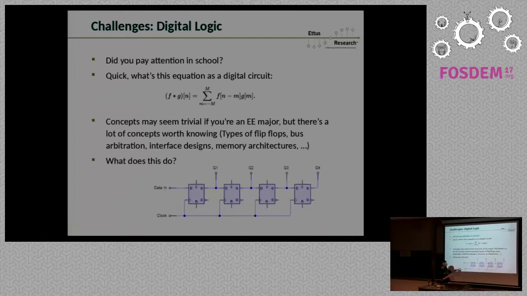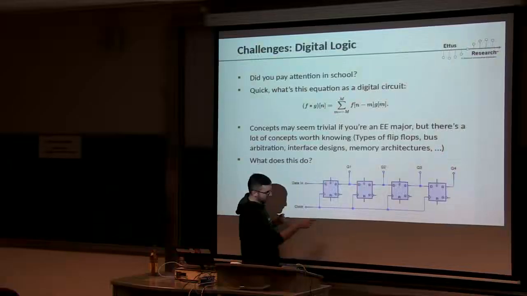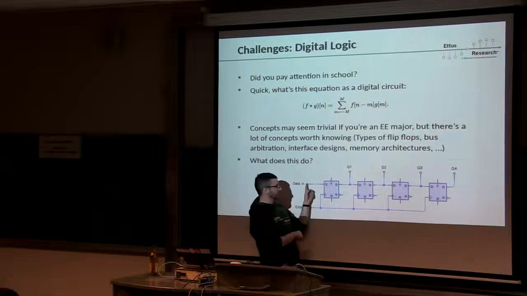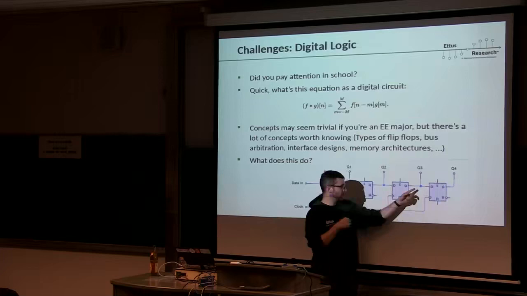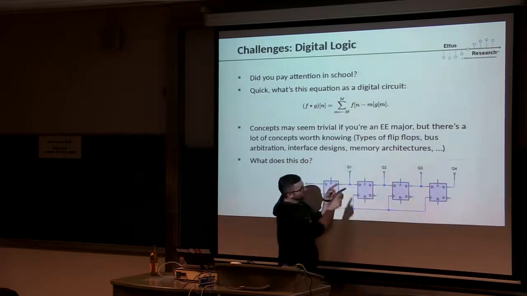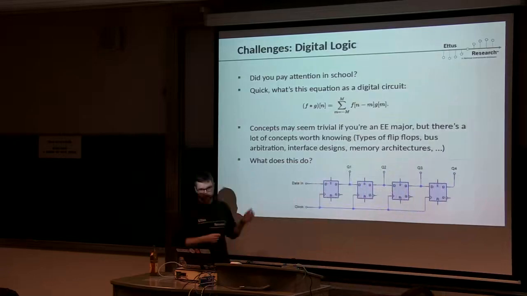The purpose of this circuit is to have serial data coming in, and we shift. We have data here, then a clock signal toggles these flip-flops. We do this 4 times, and then the bit that was here got all the way here, and the one after that is here, the one after that is here, etc. So we have 4 bits, so now we have gone from serial to parallel. It's a serial-in parallel-out shift register circuit.